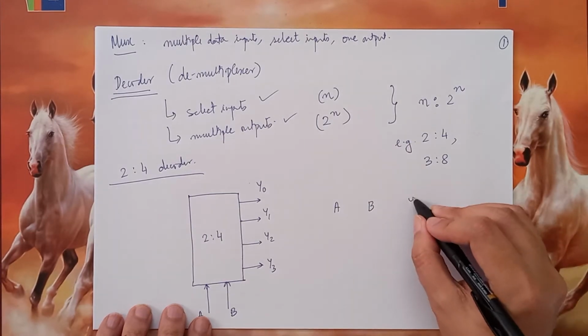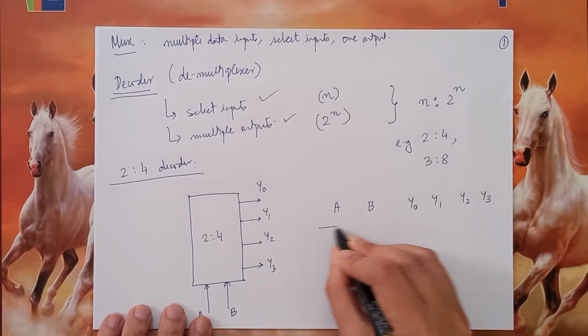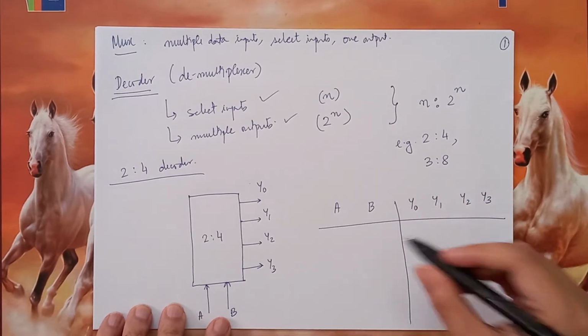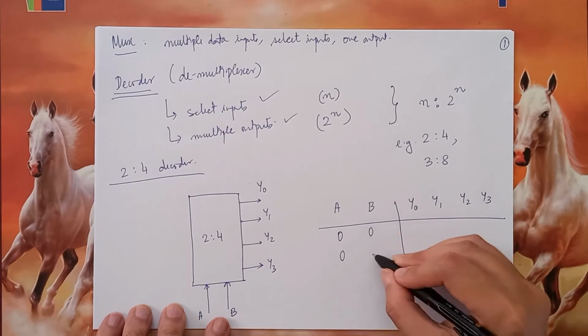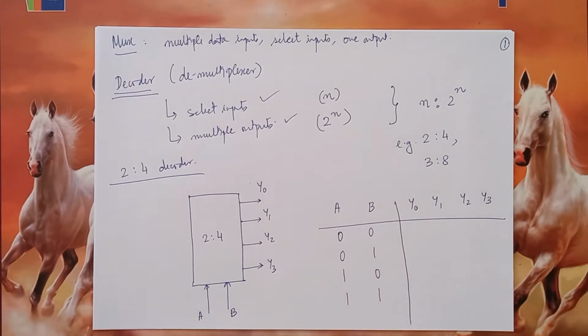Now there are four outputs, Y0, Y1, Y2 and Y3, and two select inputs. What happens essentially is that depending on the select inputs, one out of these four output lines is activated. Now, activated means what?